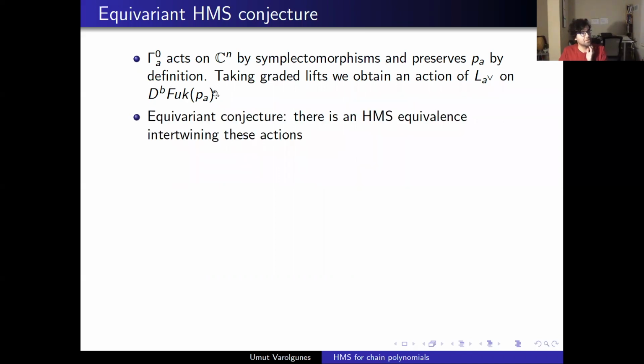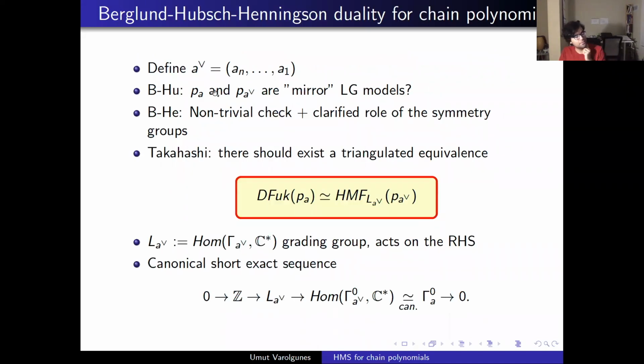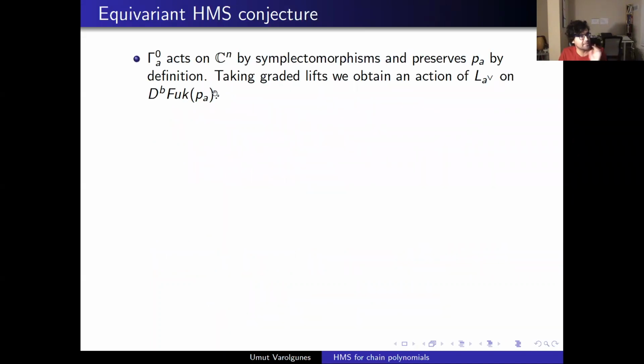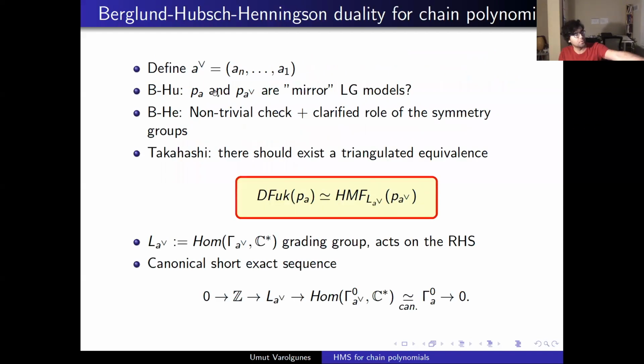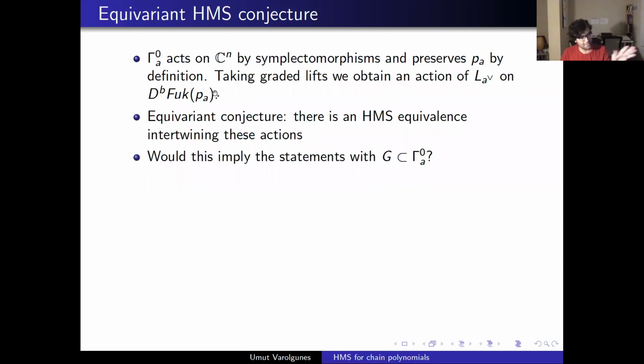Okay, so now the equivariant version of this conjecture says that this equivalence of Takahashi should respect these actions by this group L_A hat. Okay, so this is a technical question.